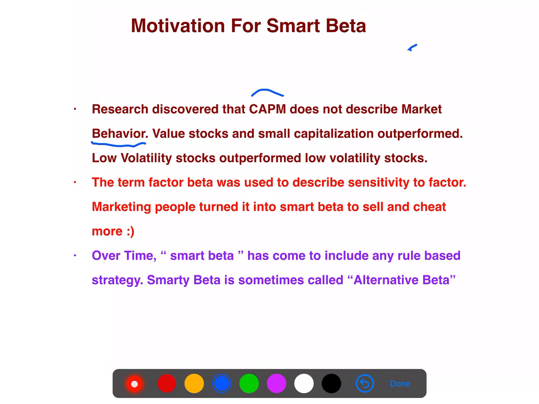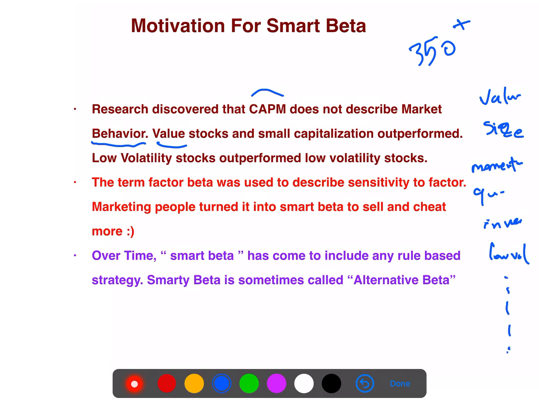Currently we have more than 350 factors such as value, size, momentum, which is a little bit controversial, but you have also quality, investment, low volatility, and many others.